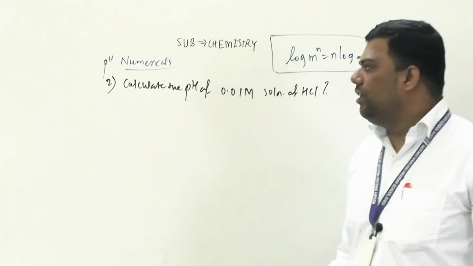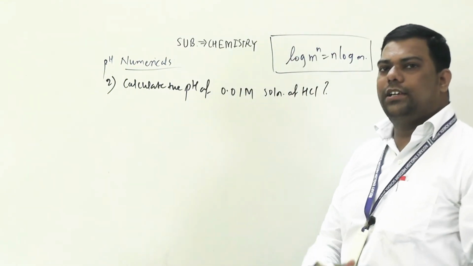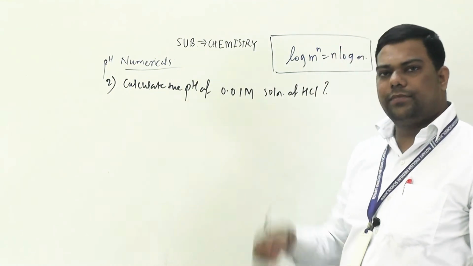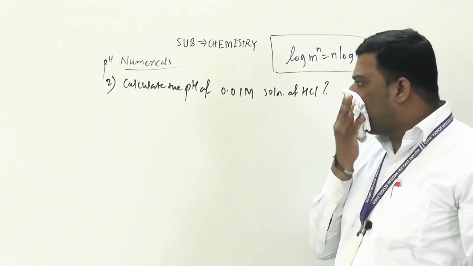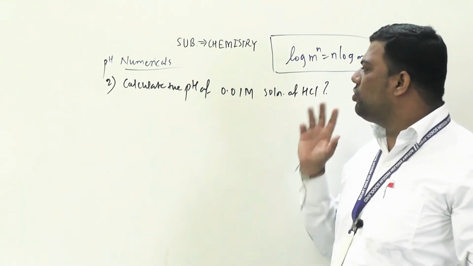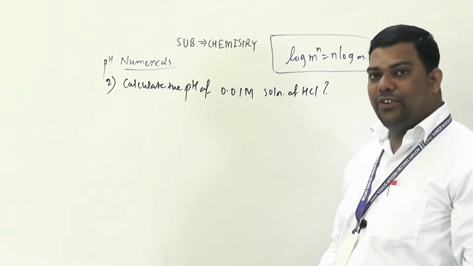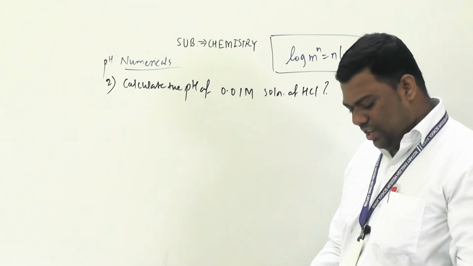Again, same as before: HCl breaks into H plus and Cl minus ions. The concentration of H plus and Cl minus is the same, 0.01.